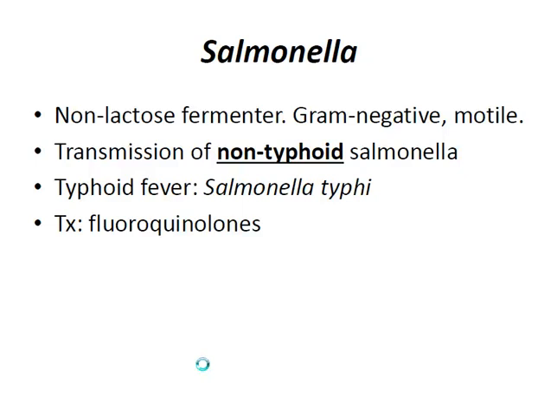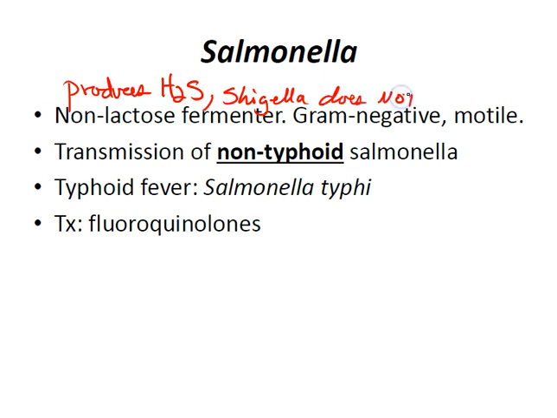It is gram-negative and motile. It's a gram-negative facultative intracellular anaerobe that is motile, and it produces H2S, hydrogen sulfide, versus Shigella, which does not.